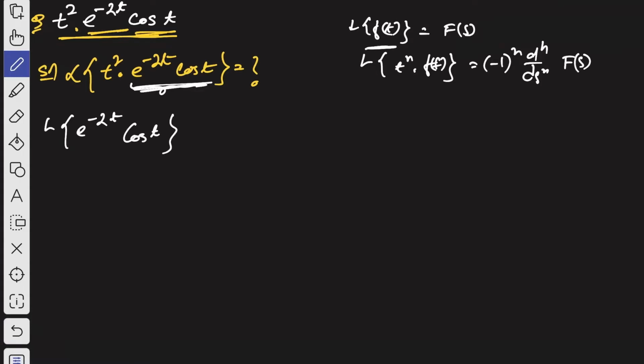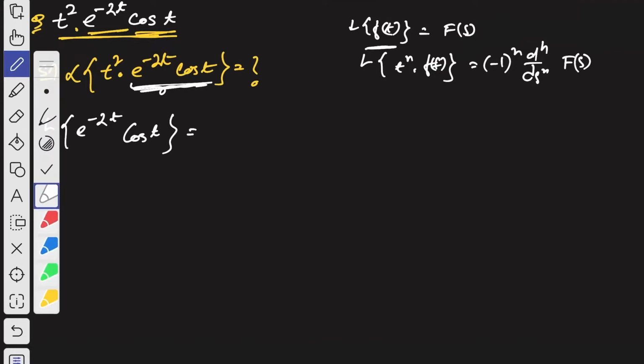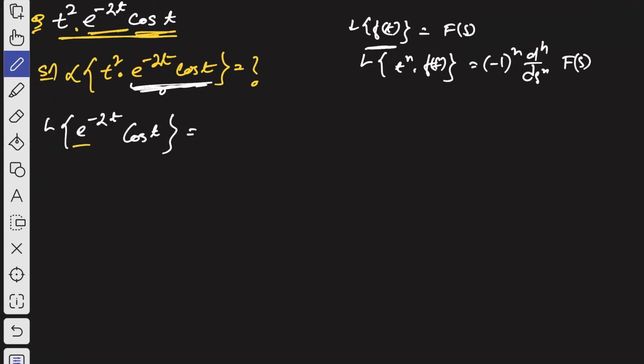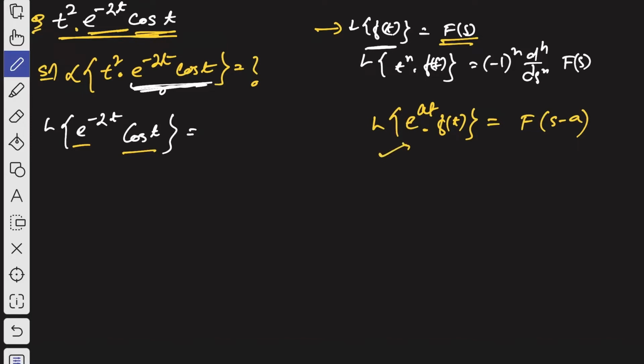Here we are going to apply this: Laplace transformation of e to the power at f of t, if Laplace transformation of f of t is capital F of s, is equal to F of s minus a, when you have e to the power at multiplied with f of t. To apply this formula, you should consider this cos t as f of t for the time being.